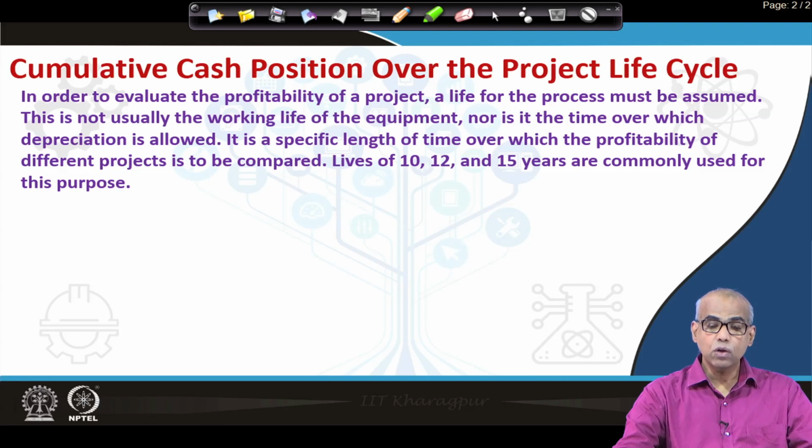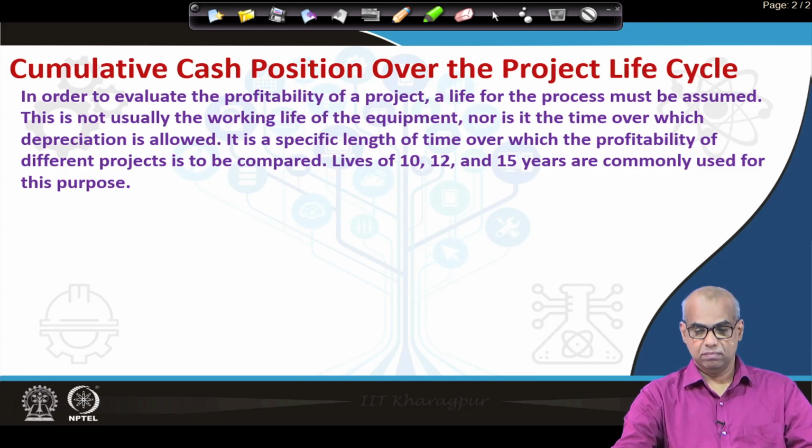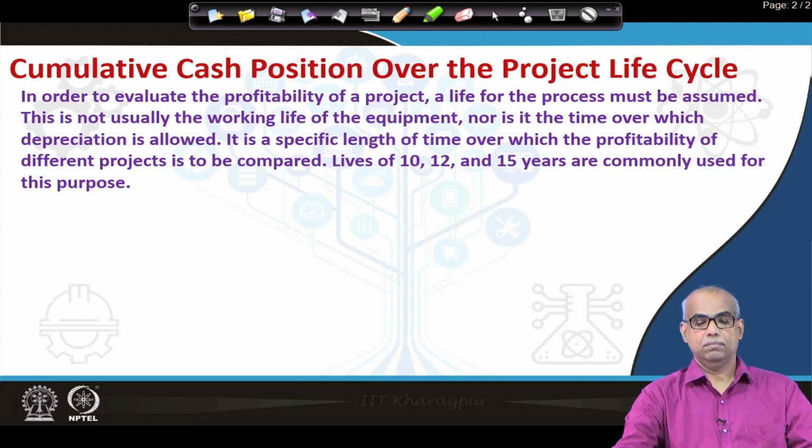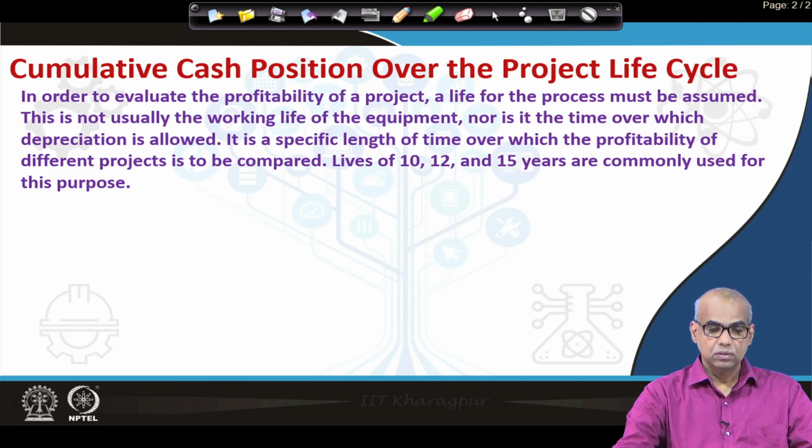This is not usually the working life of the equipment or the plant, nor is it the time over which depreciation is allowed. In our previous module, we talked about depreciation and recovery period. We are not mentioning that recovery period here.